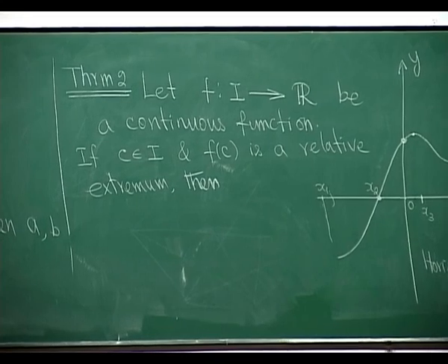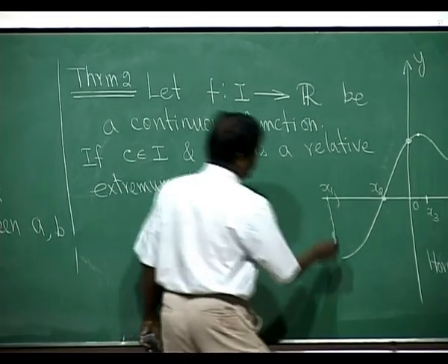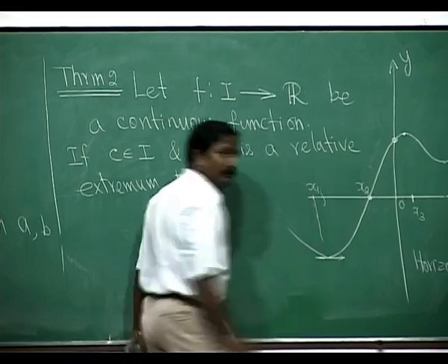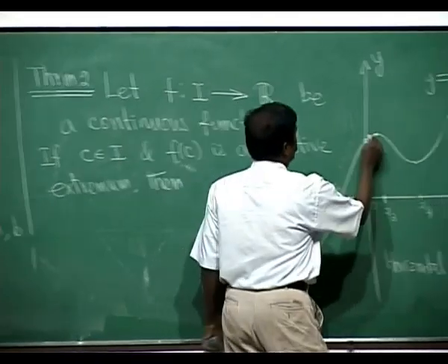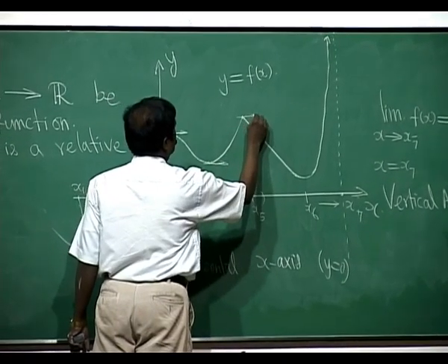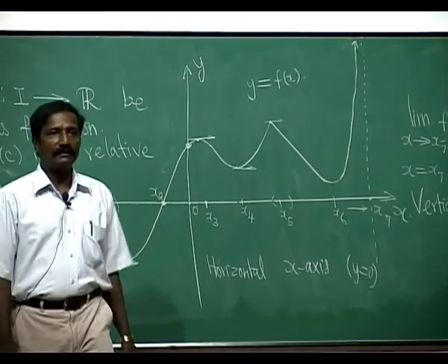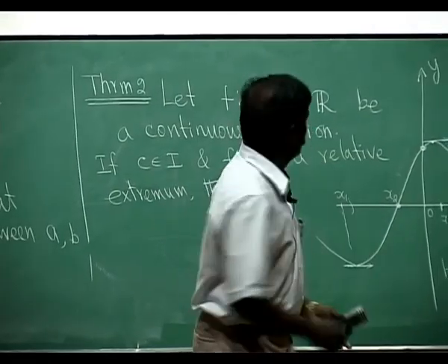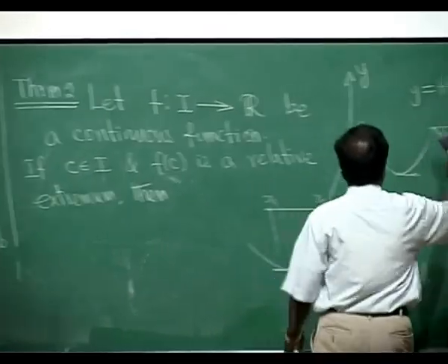Look at this, at the maximums and minimums, it seems the tangent is horizontal, right? Tangent is horizontal here also, is it? There the tangent doesn't exist, the derivative doesn't exist. So let's leave out that.